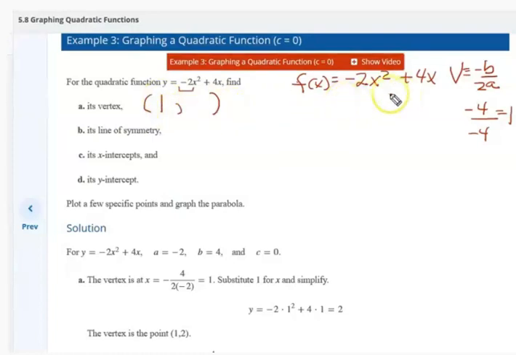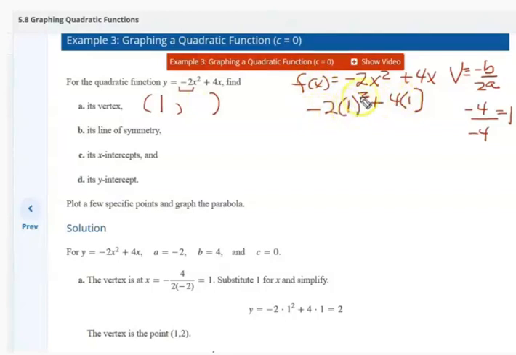Now, if x is 1, what is our y value? Well, it's going to be a negative 2 times 1, you now know x is 1, that we're going to square, plus 4 times 1. So we're just substituting the x value that we found from the vertex to find our y coordinate, because y equals this.